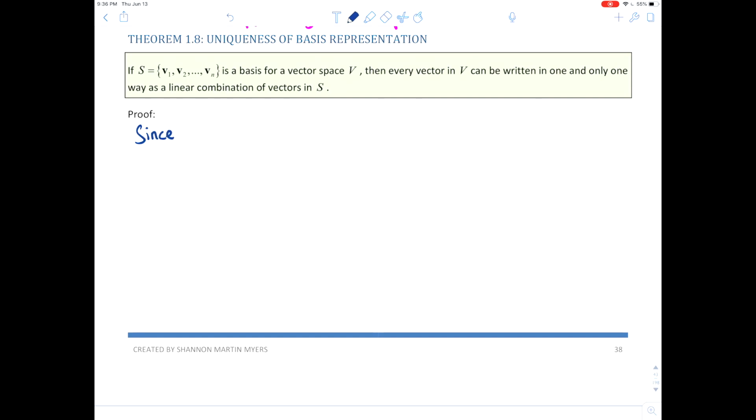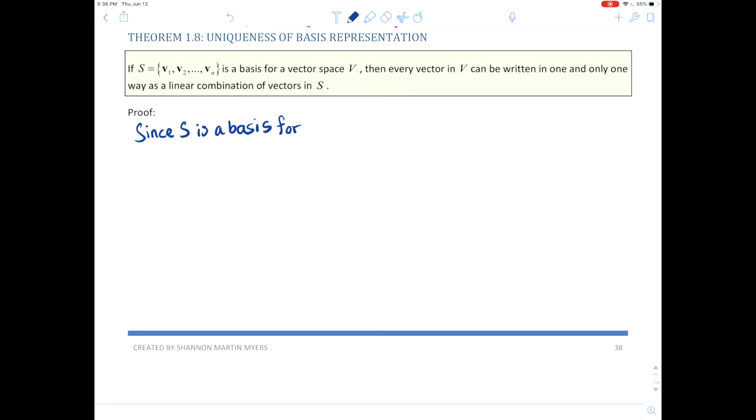Since S is a basis, right? That is part of the premise. For V, S spans V, and S is linearly independent. That's by definition a basis.